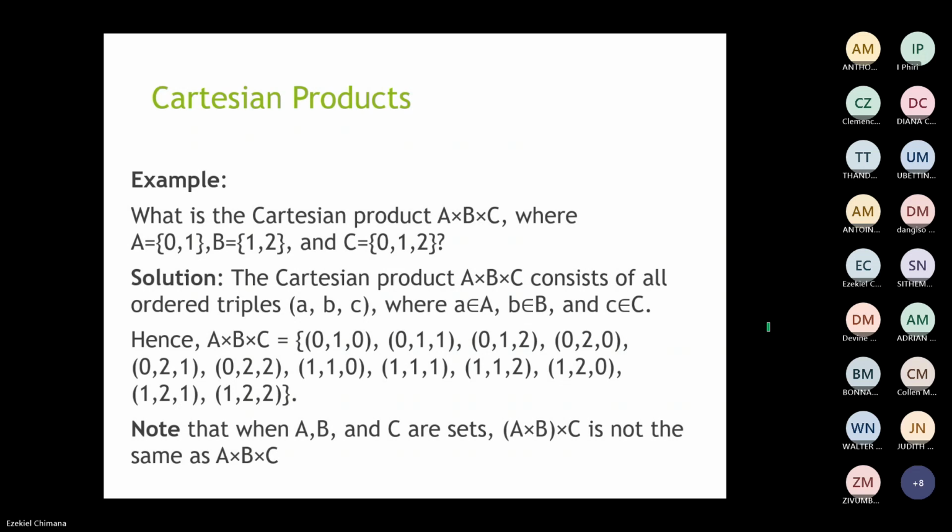Solution, the Cartesian product A times B times C consists of all ordered triples (a, b, c), where a is an element of A, b is an element of B, and c is an element of C. Hence, A times B times C is equal to the set of triples 010, 011, 012, 020, 021, 022, 110, 111, 112, 120, 121, 122.